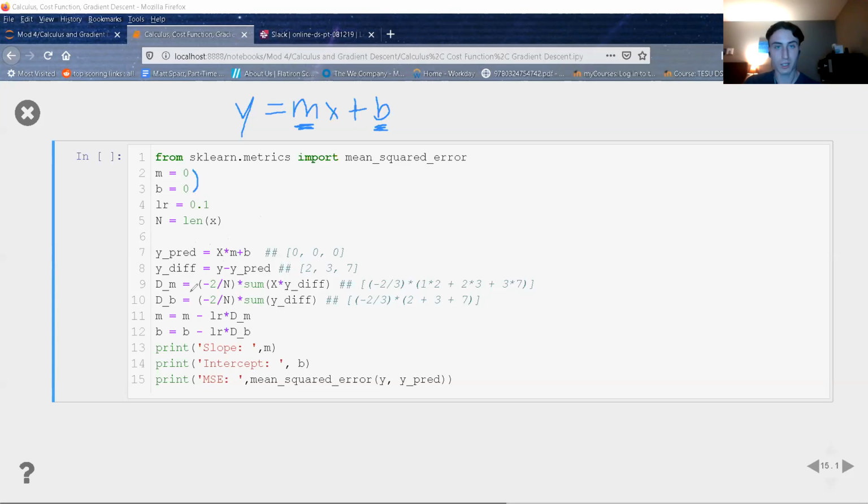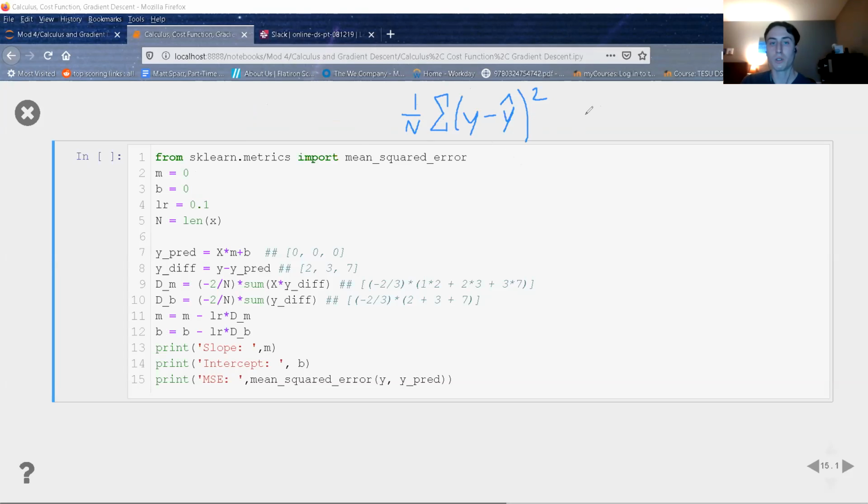Before we get to this next part, I need to show you a little bit of a calculation. If you remember, our mean squared error is equal to 1 over n times the sum of y minus y hat squared. So this is our loss function. We're trying to minimize it, so we need to find a way to find the derivative of this.